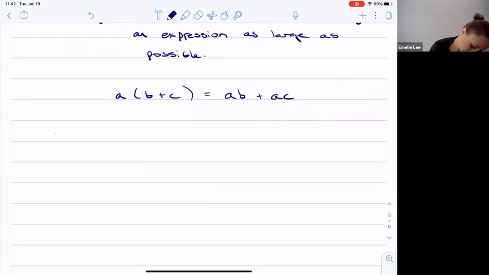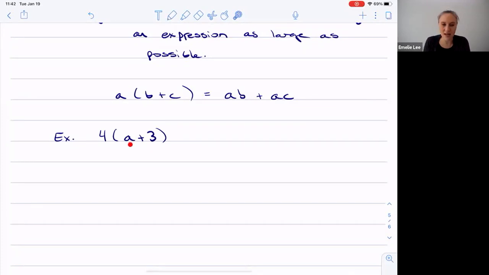Just as an example, if you have 4 times A plus 3, and I ask you to expand this, or maybe you want to solve for A. In order to solve for A, you have to get it out of these brackets. So the natural next step would be to expand to remove the brackets. Then you have 4 times A plus 4 times 3.